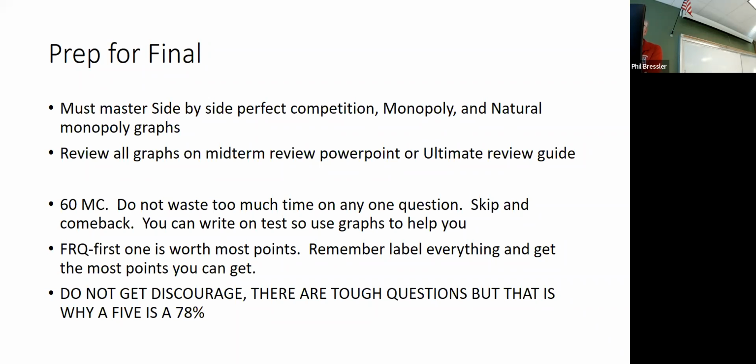So if I was prepping for this final, the first thing is, again, there's a 95% chance that there's a side-by-side perfect competition, a monopoly, or a natural monopoly graph, and I would have to have those mastered. Yesterday, I gave you almost all the possible questions they could ask on perfect competition and some on monopoly.